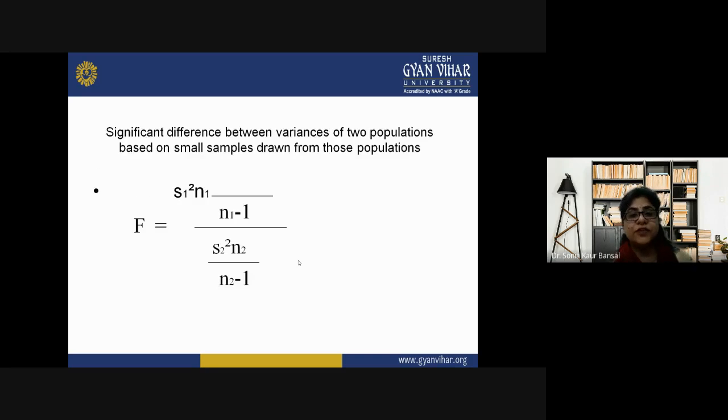Now, for the significant difference between variances of 2 populations based on small samples drawn from those populations, F equals S1 squared over N1 minus 1 upon S2 squared over N2 minus 1.